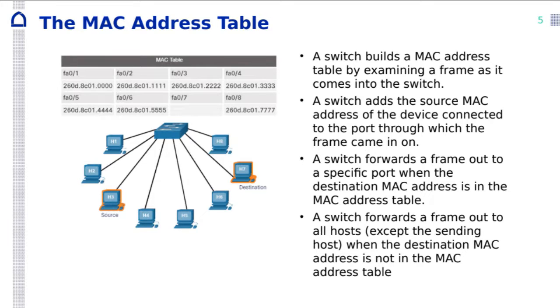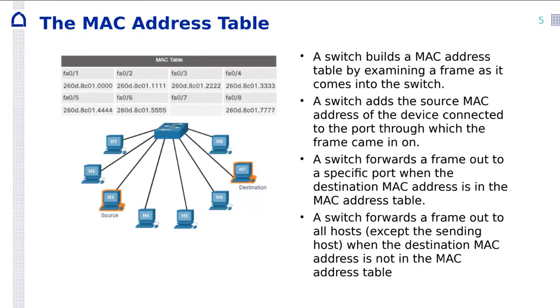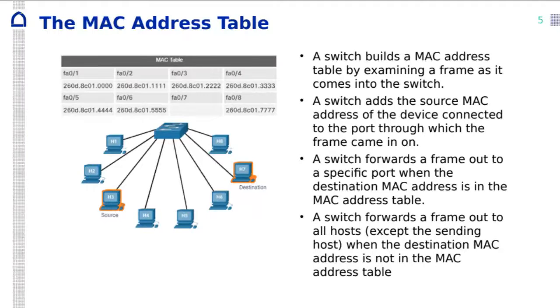When you turn on the switch, it will build its MAC table, which we also call the MAC address table or the switch table. A switch forwards a frame out to a specific port when the destination MAC address is available in the MAC address table. It will forward out to all hosts when the destination MAC address is not in the table. So this is how it is done. Any questions about that?